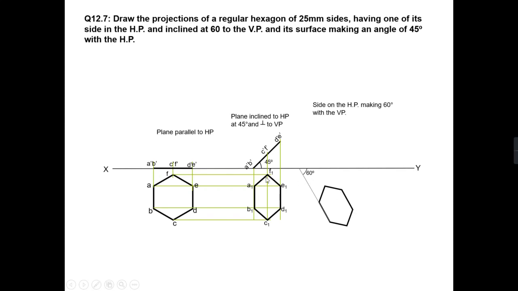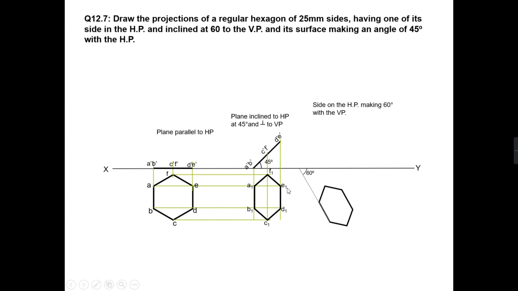Also you know the distance of F from A1 and E1, so you can mark the arc from A1 and E1, so you will get the point F1, right? Or you can also measure the angle from this line, and you can also measure the distances. So you can follow any method, and finally you have to draw this figure, exactly the same here.